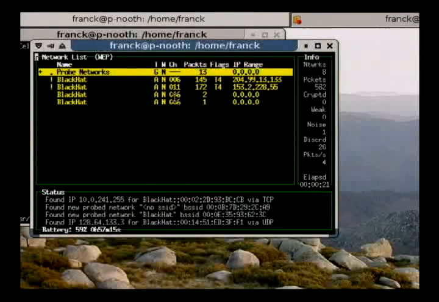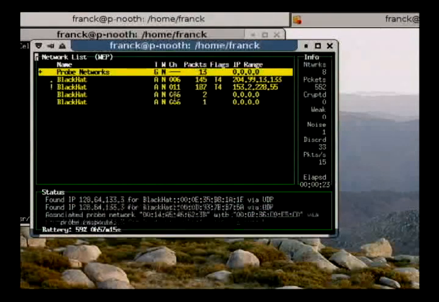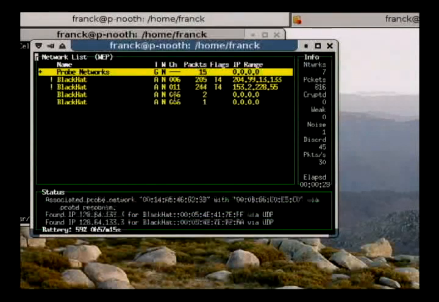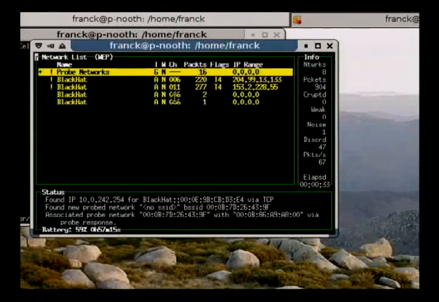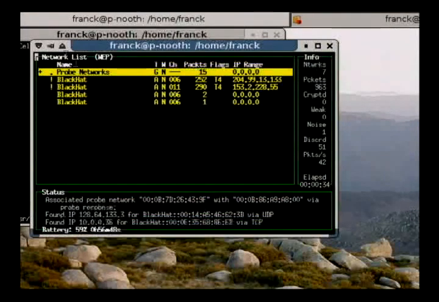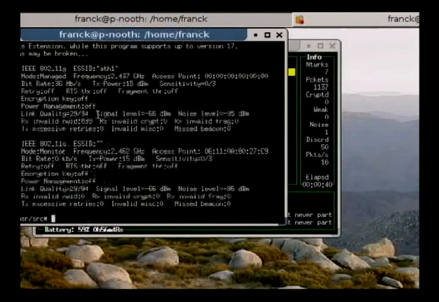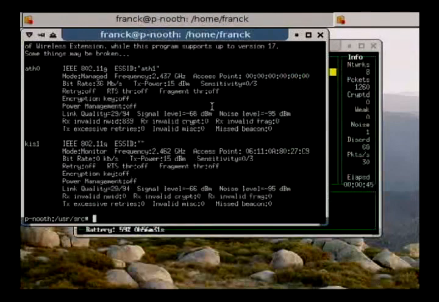Kismet is relying on monitor mode, which means that it is able to analyze all the different packets that are detected on the wireless network, and of course is not able to detect our specific or modified access point. Here you can see that I'm connected to this access point, and I'm associated to ath1.